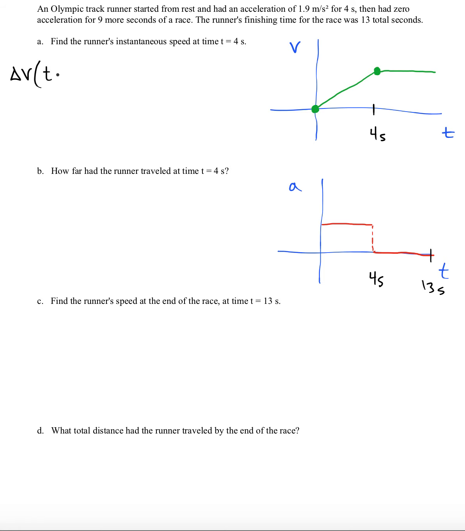We'll want to find the change in velocity. And that comes from integrating the acceleration function. This is the general formula for it. All right, so let's plug in our numbers.